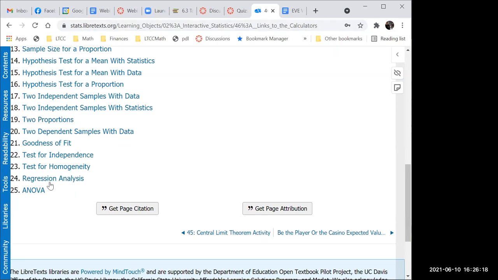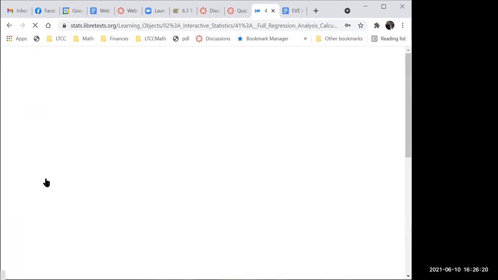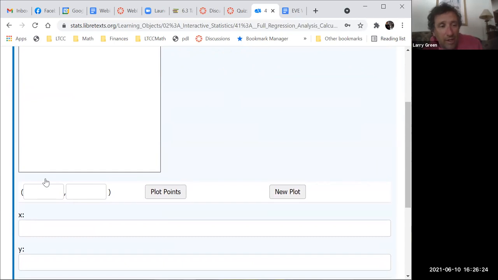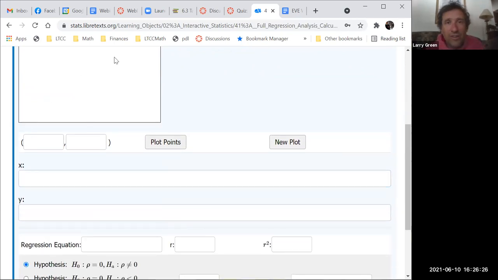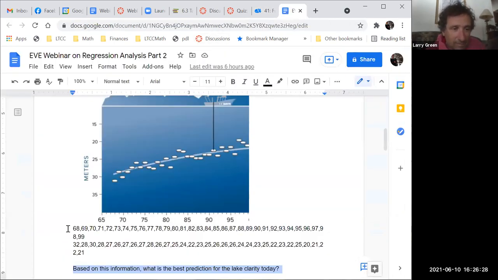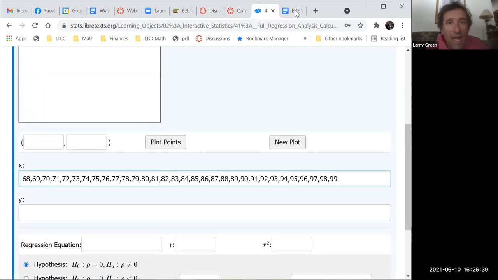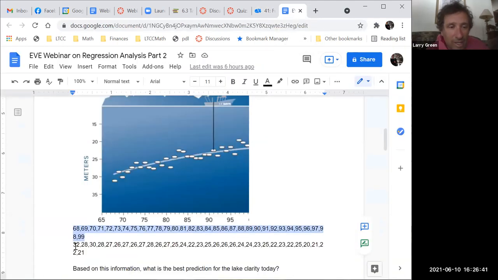So regression analysis. And the last thing I want to do is plot the points one at a time. So I am going to copy and paste the X's that I gave. I actually typed these out so that I didn't have to waste your time. And then I am going to copy and paste the Y coordinate, which are the meters.